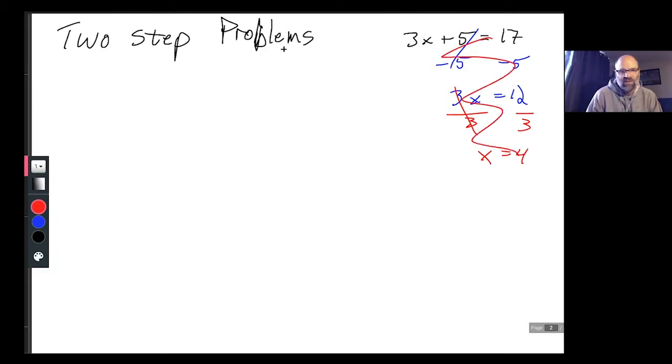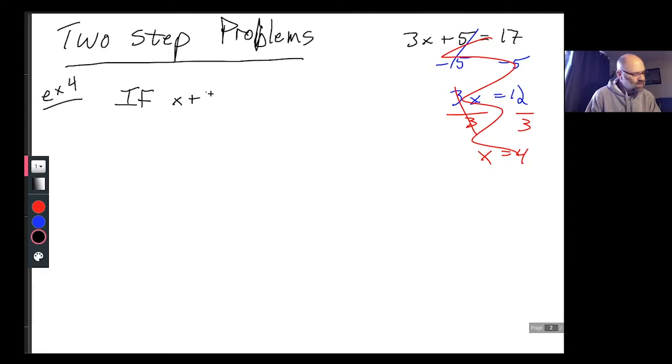I'm talking about two-step problems. Yes, there is an equation that you're going to solve, but that's only one step of the two steps. Let me just show you by example. This is example 4. If x plus 3 equals 7, then what is x minus 8?